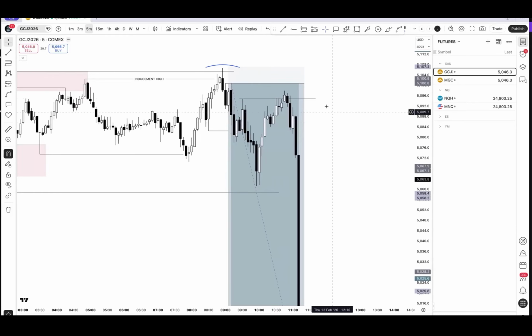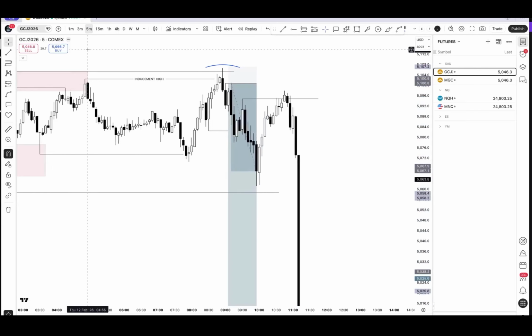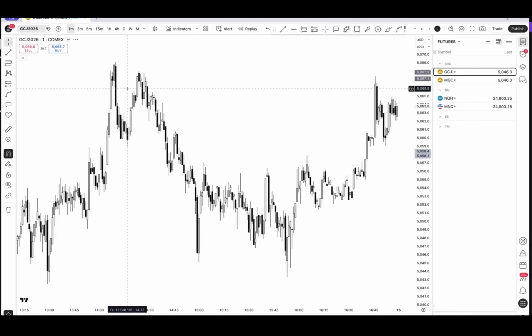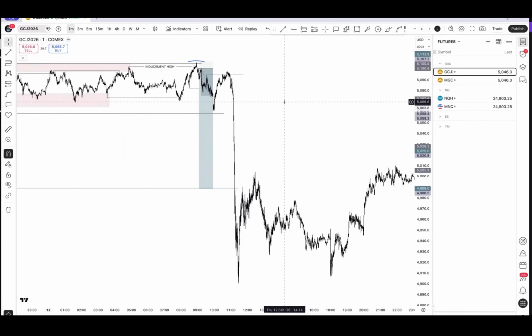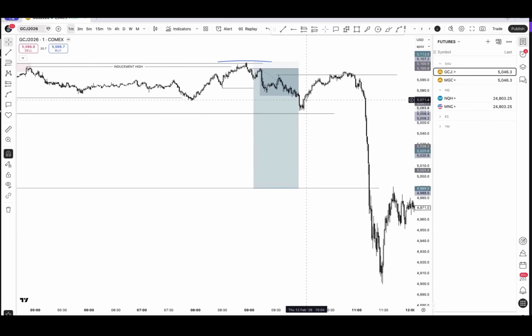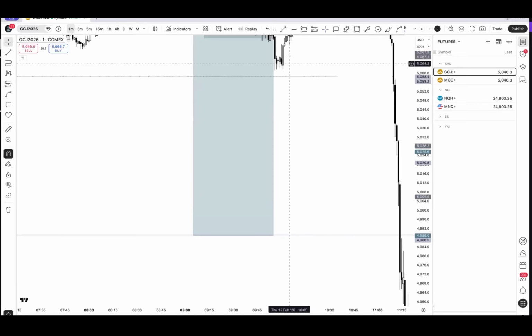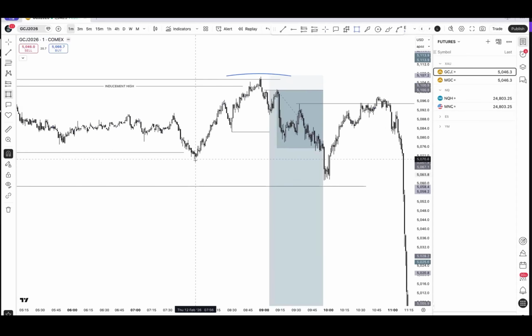So also, if you wanted to take another entry, if you missed this intricate entry here, this is now LB. Let's go to the 1 minute. That area that I took the trade off of is now LB. As soon as that inducement high is taken, because here's what price reacted off of: this low created this inducement high.